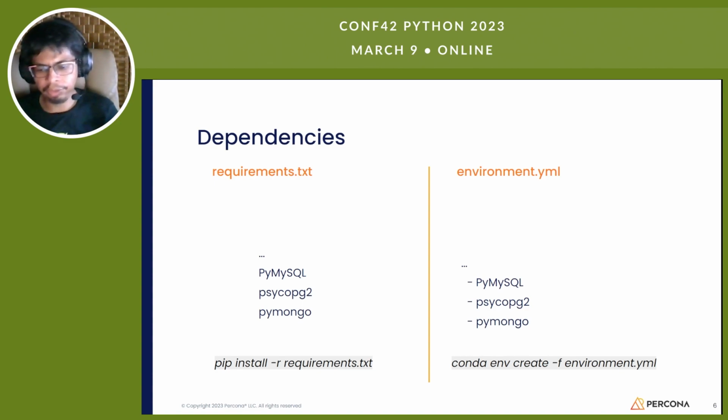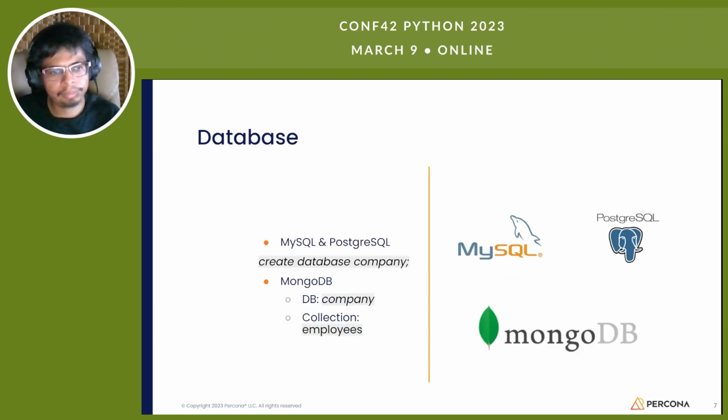After we add that information into our requirements.txt file or our environment.yaml file, we need to install our dependencies by running pip install, or conda create, depending on the way that we are configuring our development environment. Then, after we install our dependencies, we need to create the database.